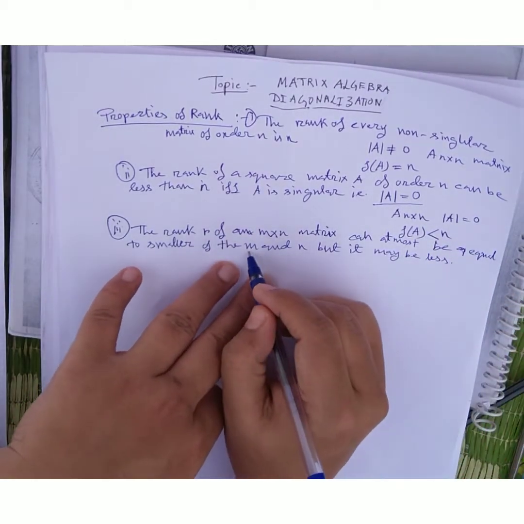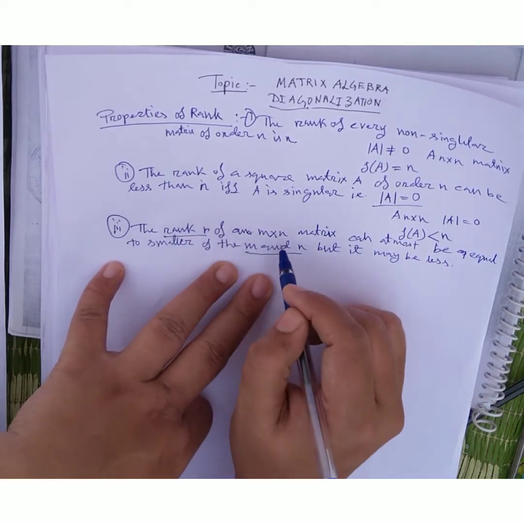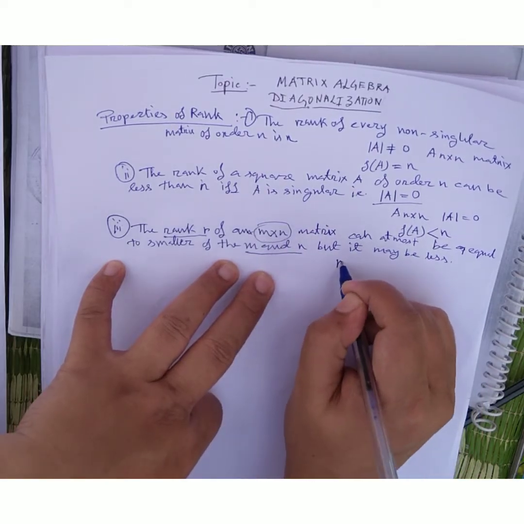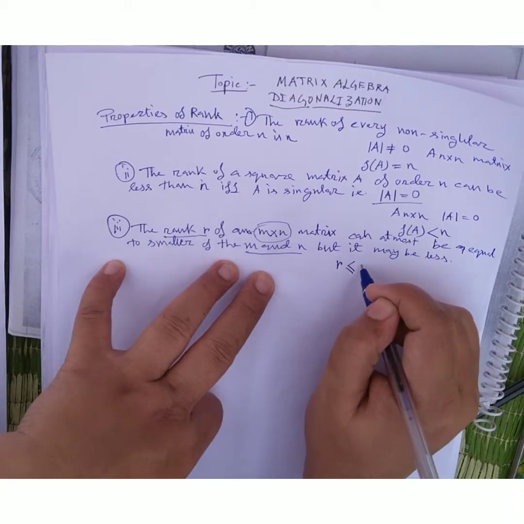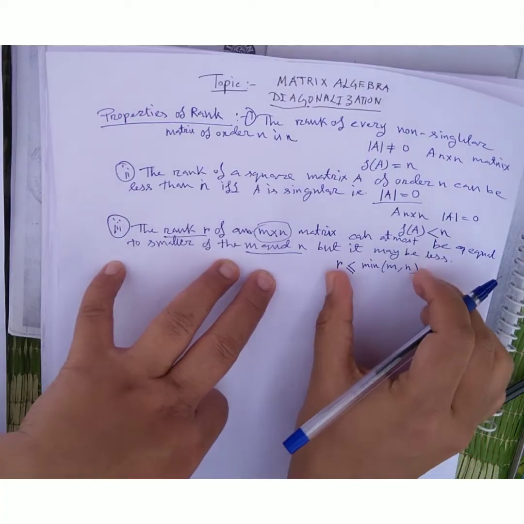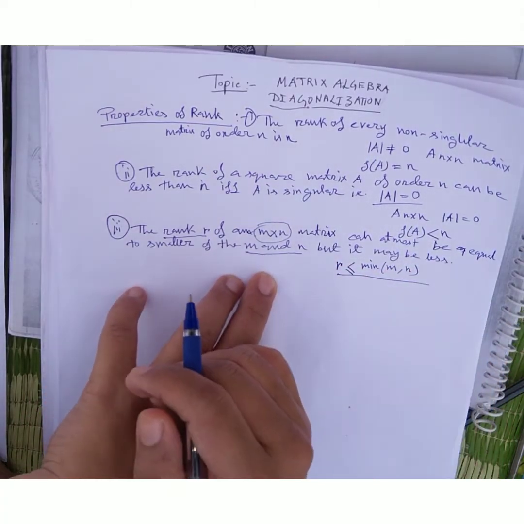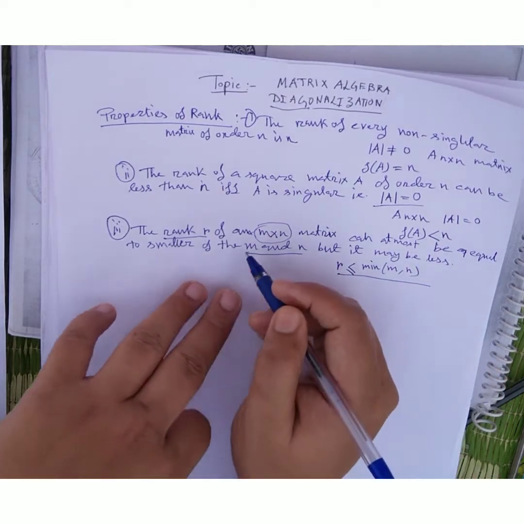Friends, you must remember that if R is the rank of an m cross n matrix, then R is less than or equal to min of m comma n. It may be less or may be equal. Min value means the smaller value of m and n.